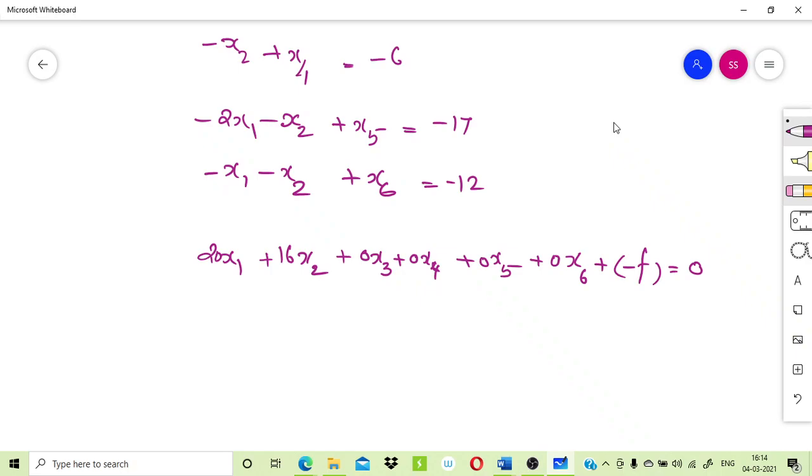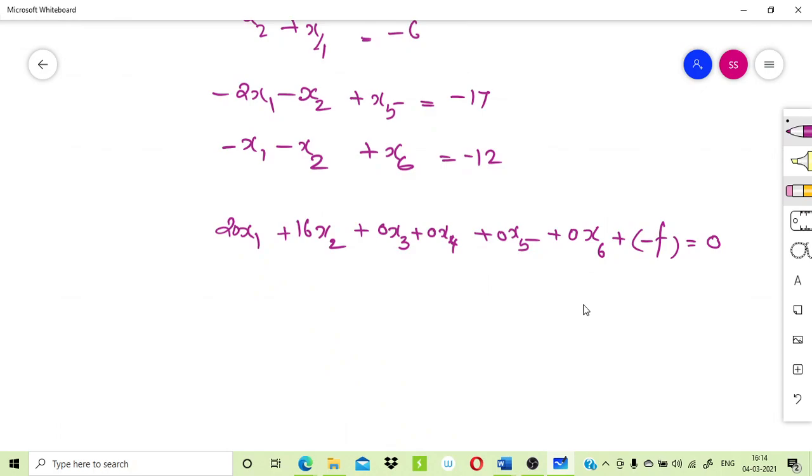So the basic solution corresponding to this system of equations is actually not feasible.